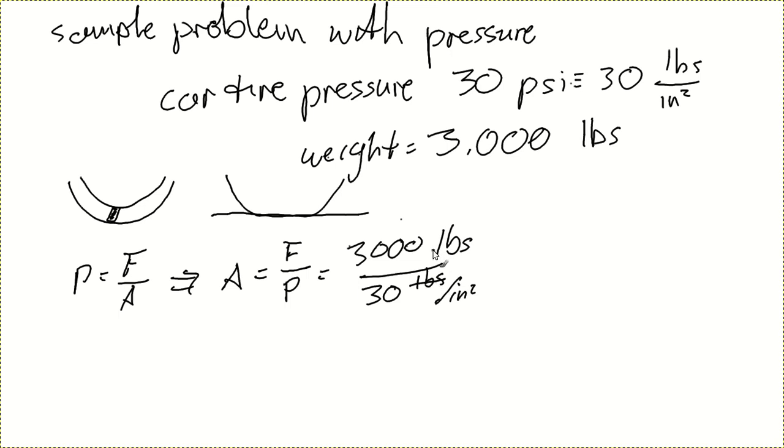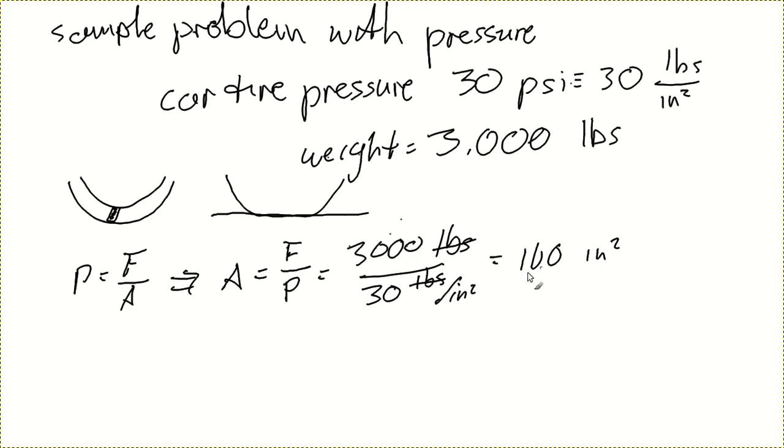Make it a little bit more clear that the pounds cancel. Let's see, so this is 1,000 divided by 10, or 100. The inches squared comes up to the top, and did I do that right? 3,000 over 30 is 1,000 over 10, which is 100. So 100 square inches is the total contact patch.